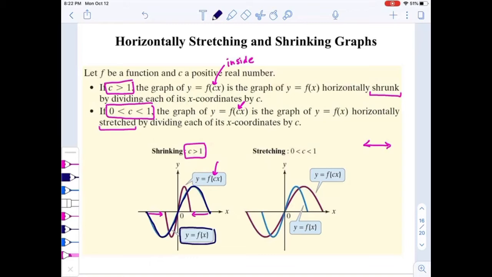Same thing holds true when we have our original function. This time they start with this blue function here again, and that's our regular y equals f of x. And then if c is that fraction, c again on the inside, it's now going to make it get bigger or stretch out horizontally, left and right this time.